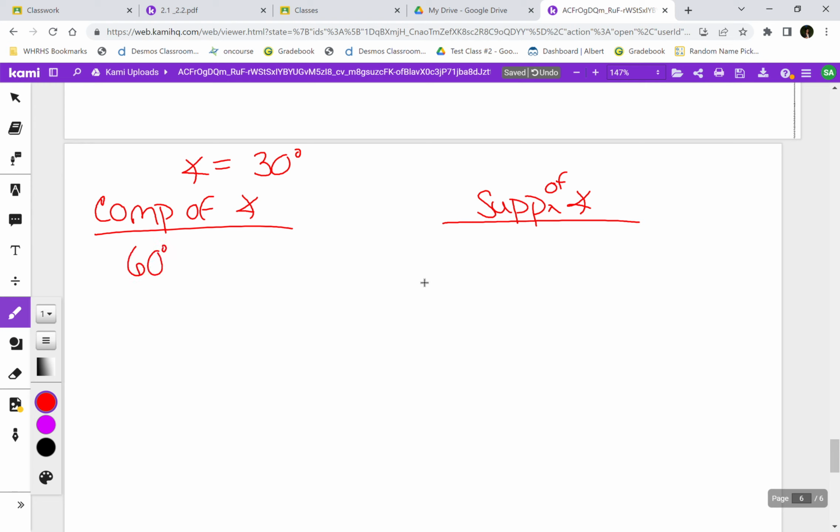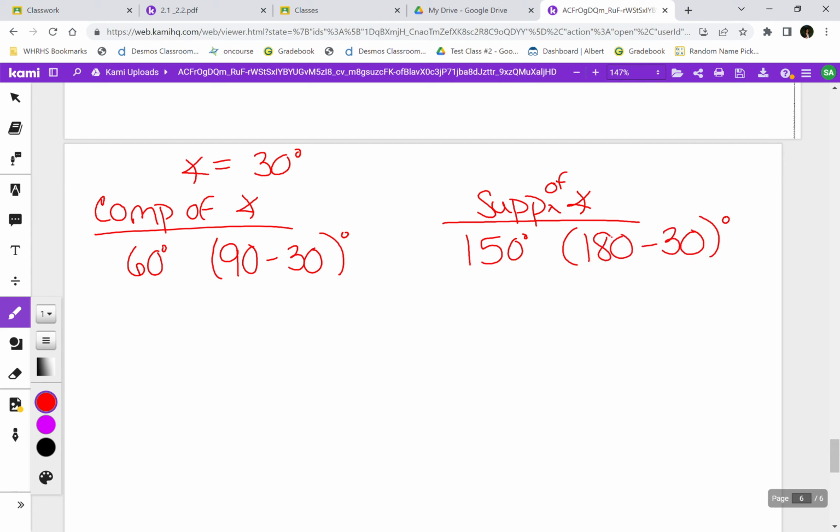What did you do, Chase, to get the 60? Since complementary is a right angle, I did 90 minus 30. You got it. You did 90 minus 30. All right, what is the supplement of a 30-degree angle? Adam. 150. What did you do to get that? I subtracted 180. You did 180 minus 30, right?